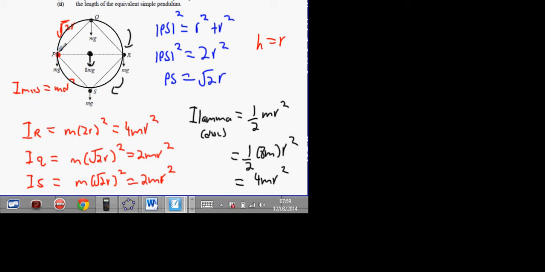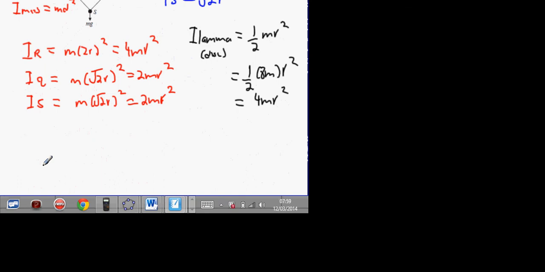The parallel axis theorem states this: that the inertia of the circular lamina around P is the inertia of the lamina around its own axis plus md squared, where m is the mass of the lamina and d represents the distance of the center of gravity of the lamina away from the fulcrum or pivot point we're currently talking about.